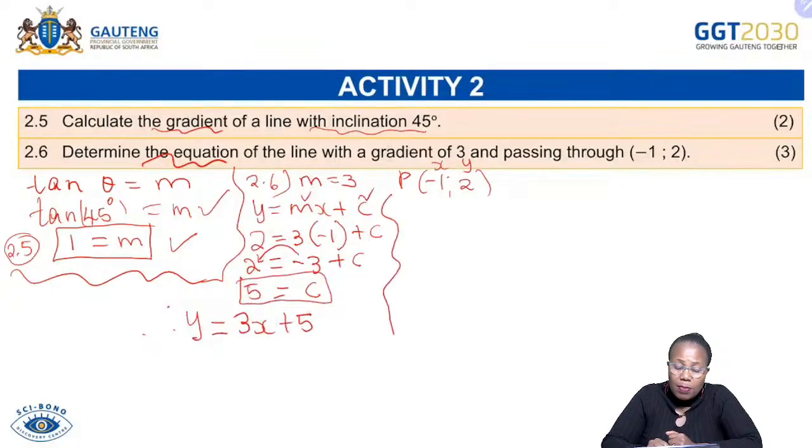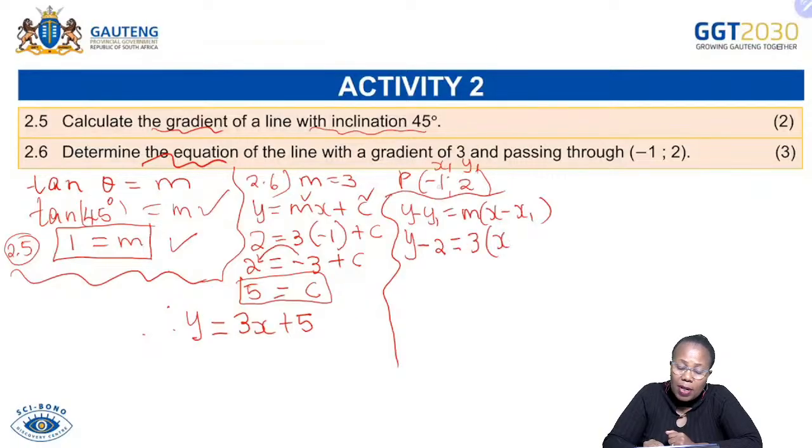Or another learner may use the formula y - y1 = m(x - x1). Substituting x1, y1, it will be y - 2 = 3 times (x + 1).